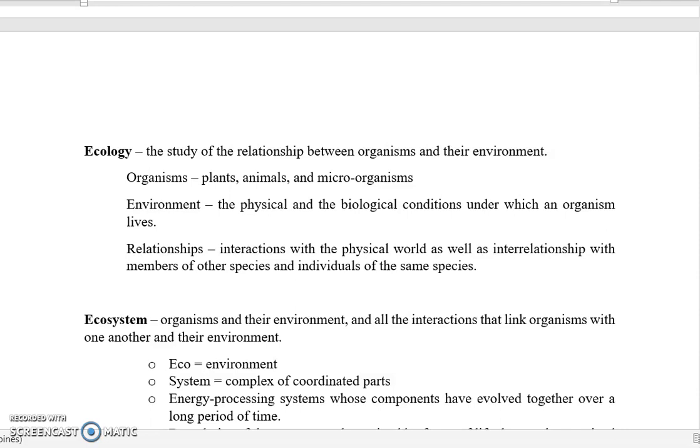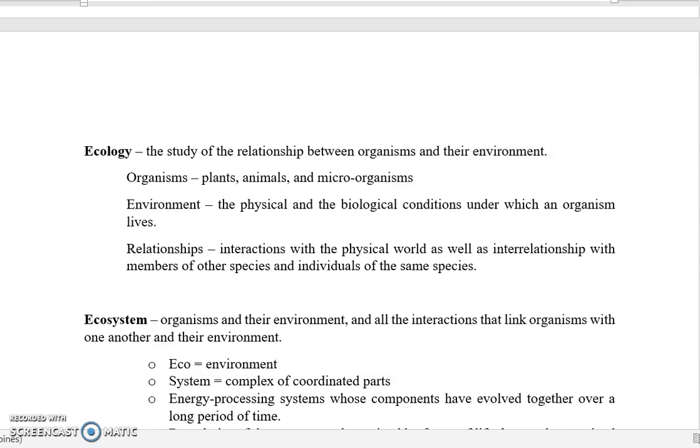lives. We say the physical conditions, like the moisture there, the precipitation, the temperature, the relative humidity in that particular area, that is our environment. We talked about relationship, that is the interactions with the physical world as well as the interrelationship with members of other species and individuals of the same species.